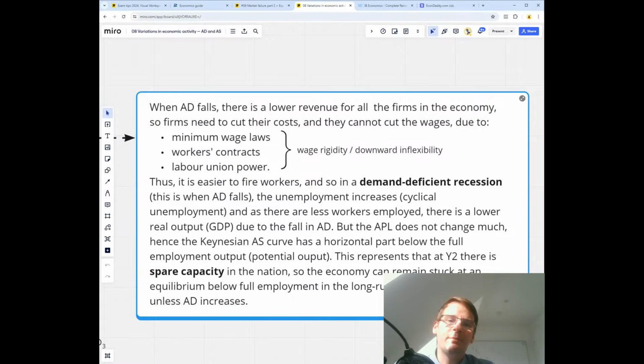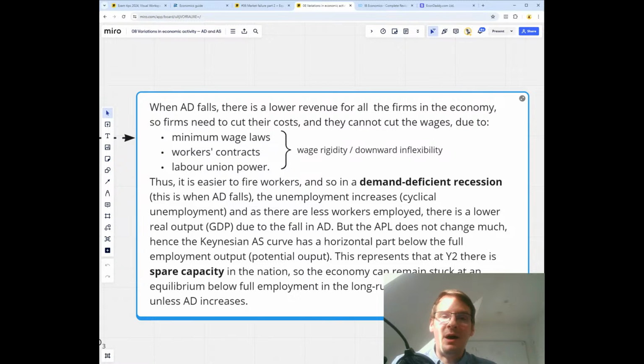It's much simpler to lay off a given percentage of the workers instead of lowering the wages by a given percentage, because people just don't usually accept that. You cannot legally cut someone's wage without renegotiating a contract, because then they can go to court and they're going to win.